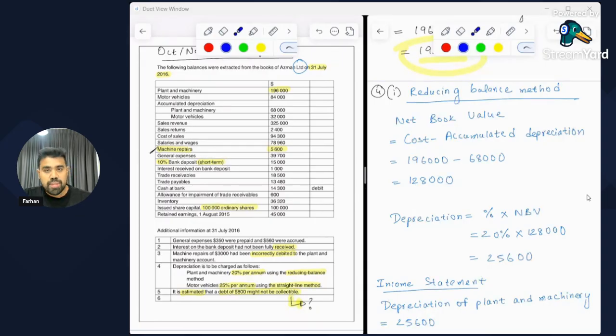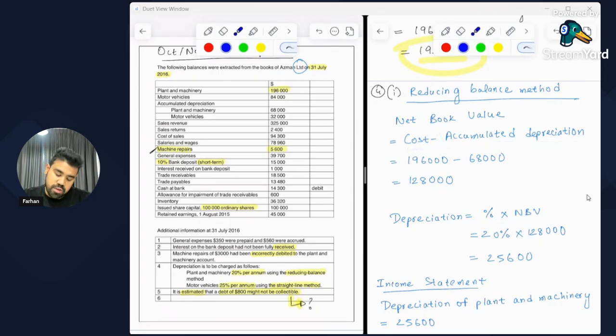Under the reducing balance method, if you want to calculate depreciation, you need to first know the net book value. This is a must. And how do we calculate the net book value? The net book value at any given point in time is calculated by taking the original cost and then subtracting the accumulated depreciation for that asset. What do we understand by accumulated depreciation? Accumulated depreciation refers to the total depreciation.